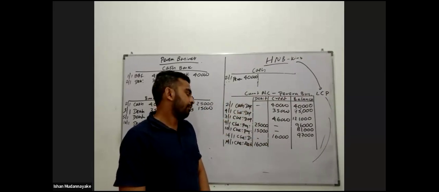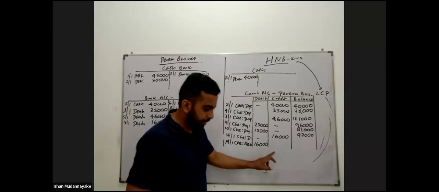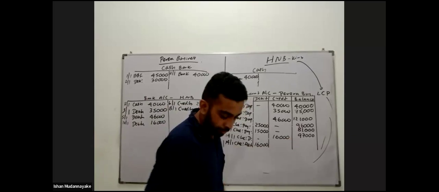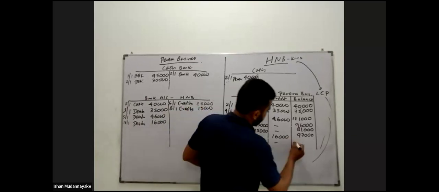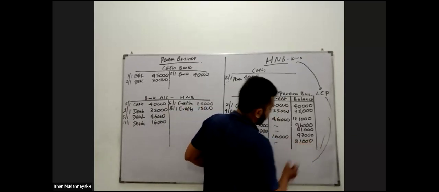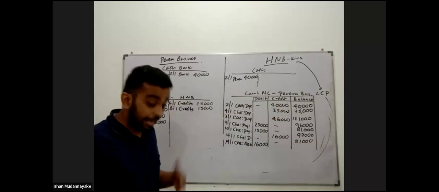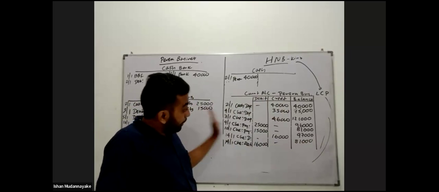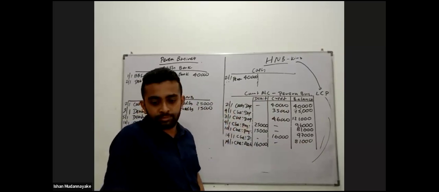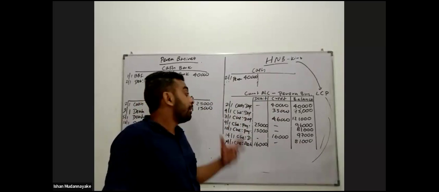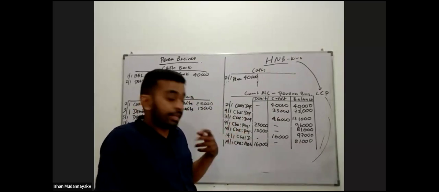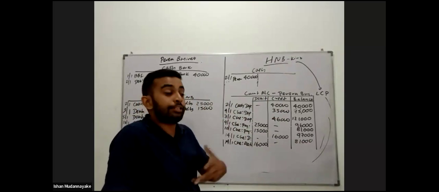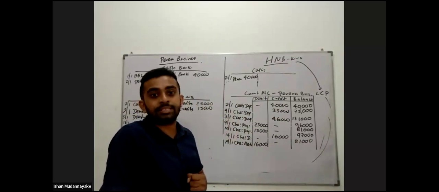After printing this, balance is again 81,000. At the end of the month, HNB Bank prints this bank statement, and the printed copy we can get after the January month. That is called the bank statement.